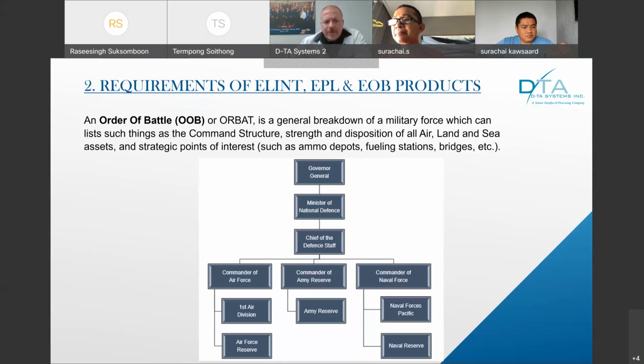So here is a basic look at a command structure for an ORBAT. So it starts out with the Governor General down to the Minister of National Defense, Chief of Defense Staff, then breaks into all of your elements, so Air Force, Army, Naval, your different Air Force divisions, if there's a reserve division, for example, your Army, and if there's Army reserves, and your naval forces, and if there is a naval reserve.